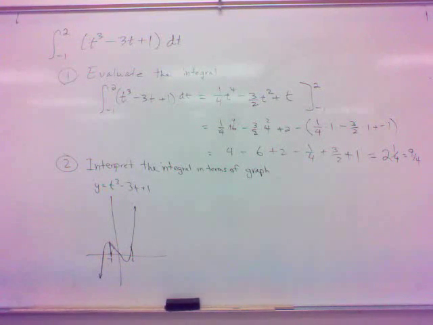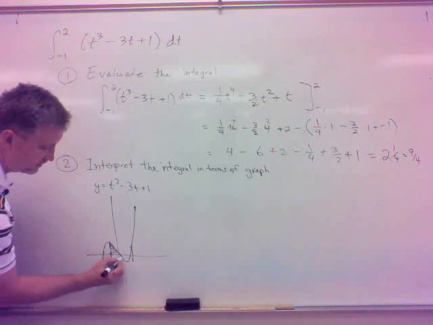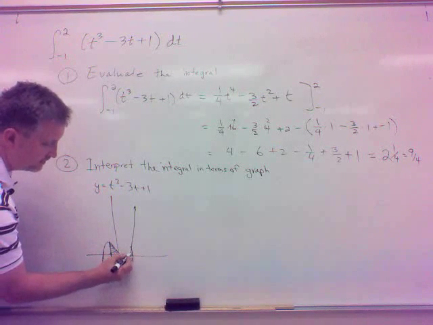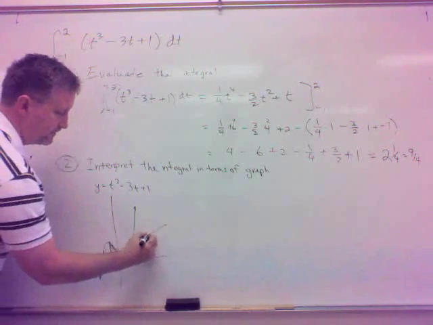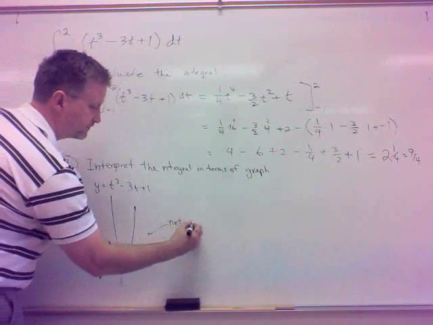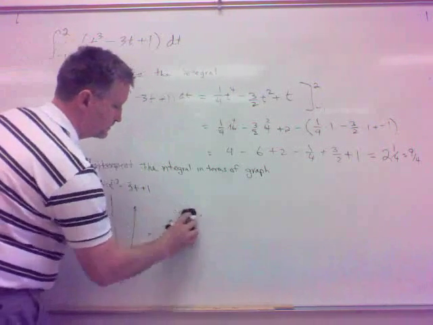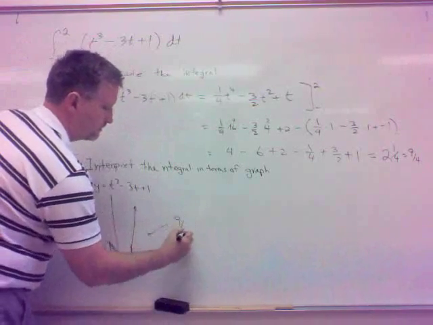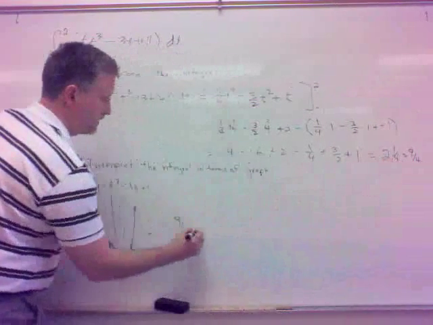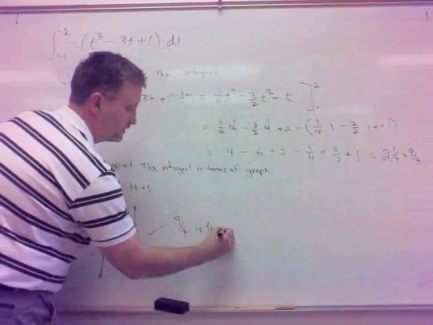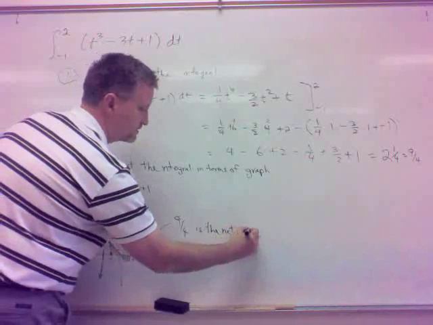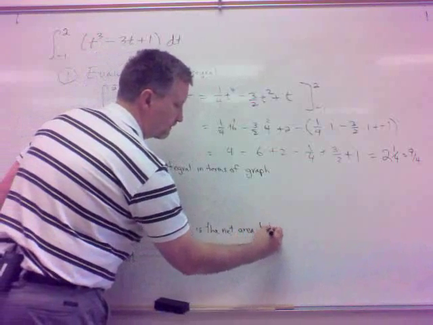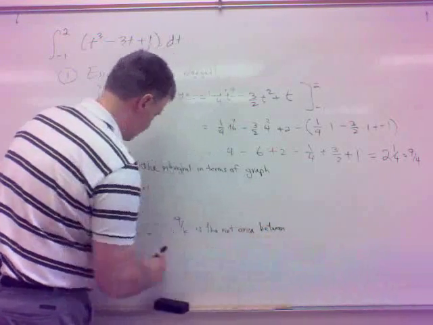That 9/4 is this net area, isn't it? It's the net area here minus here, plus here. So 9/4, this area we found, 2 1/4, is the net area between the curve and the x-axis between -1 and 2.